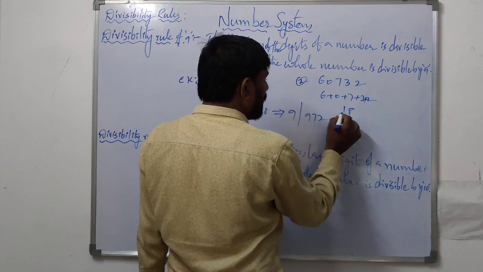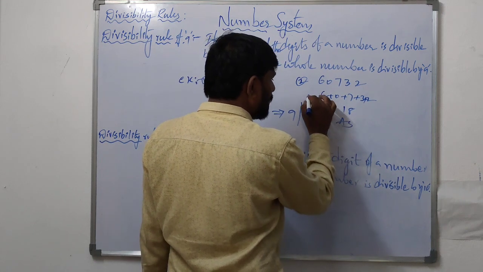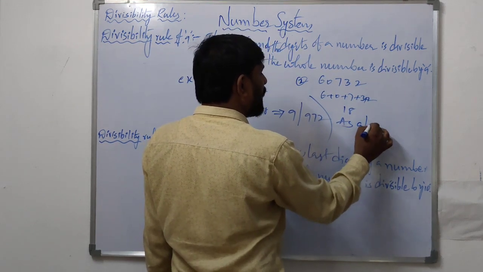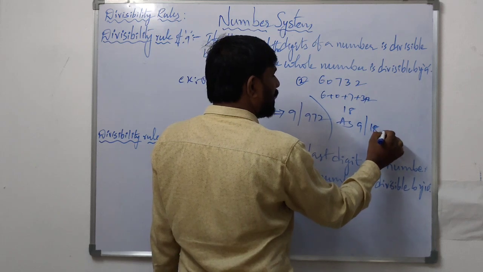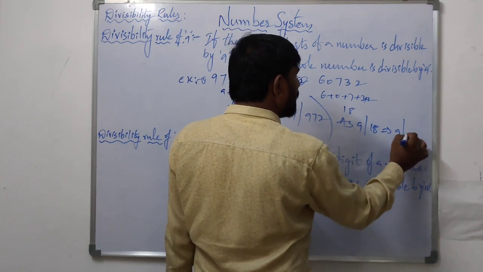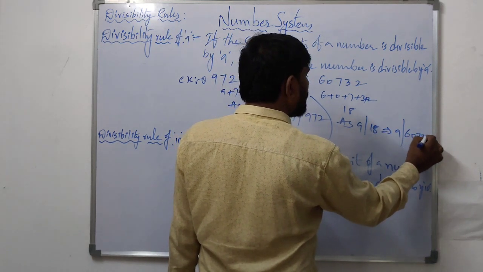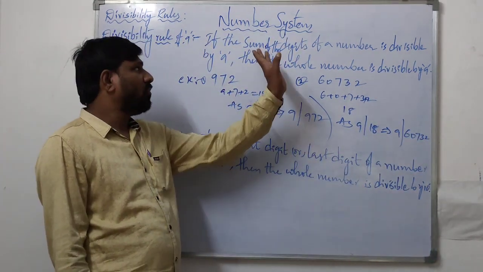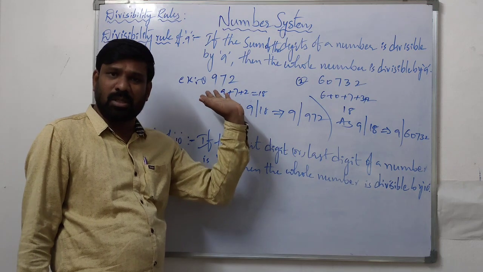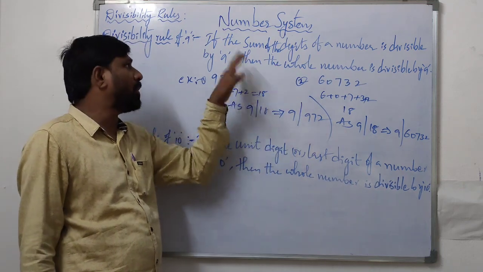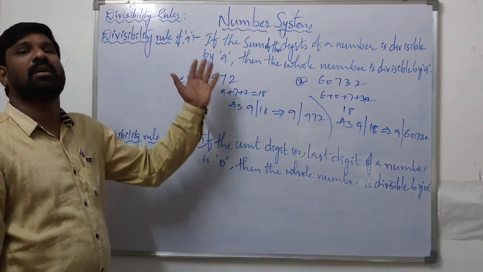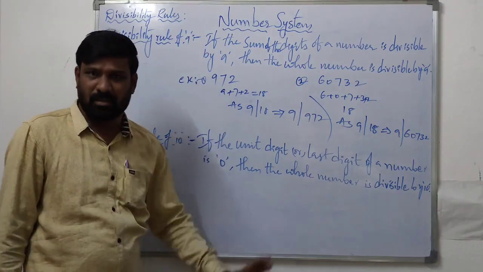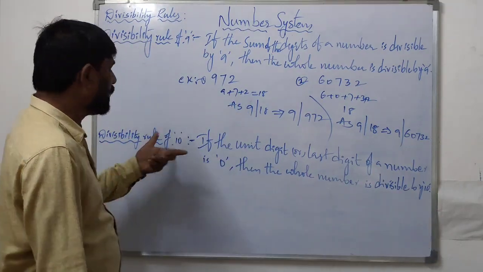So as 9 divides 18, it also divides 60732. Clear? Simple. What we did in the case of divisibility rule 3, same we have to copy paste for 9 also. But there we checked divisibility by 3, here by 9. That's all.